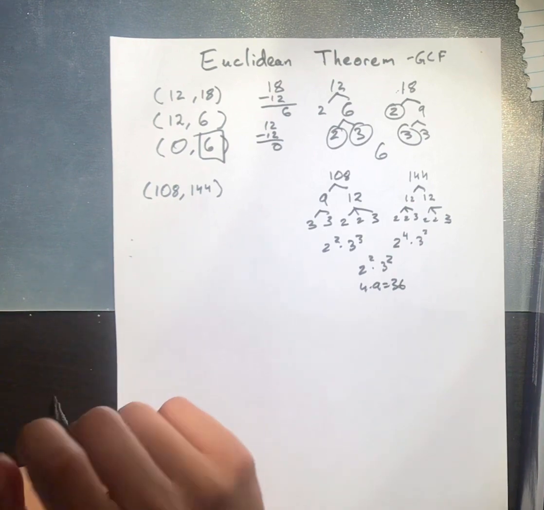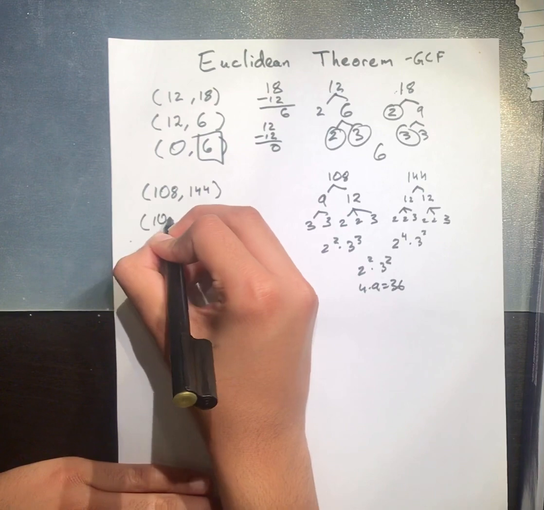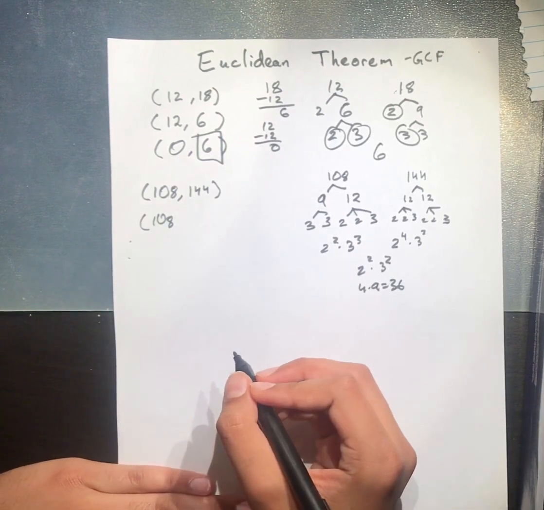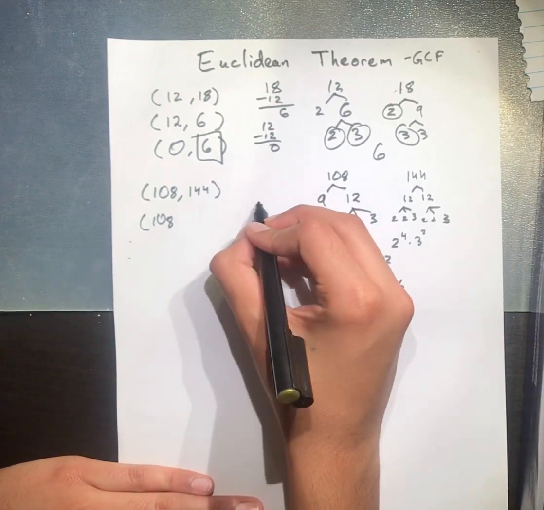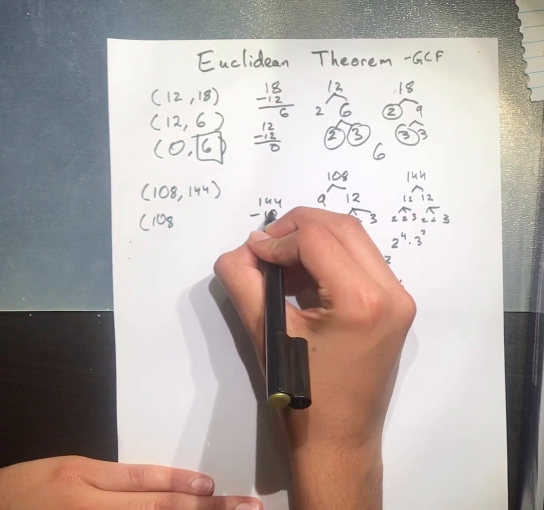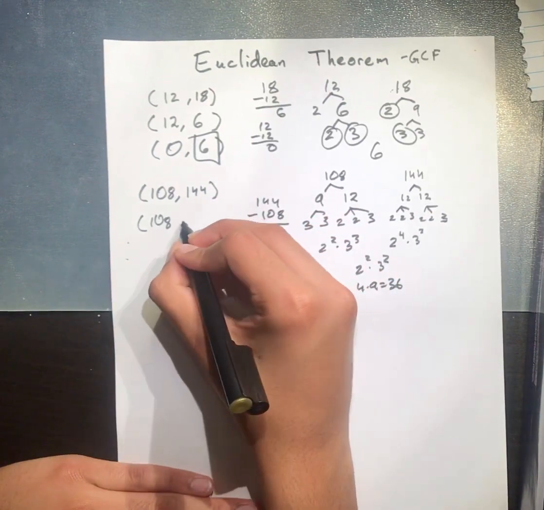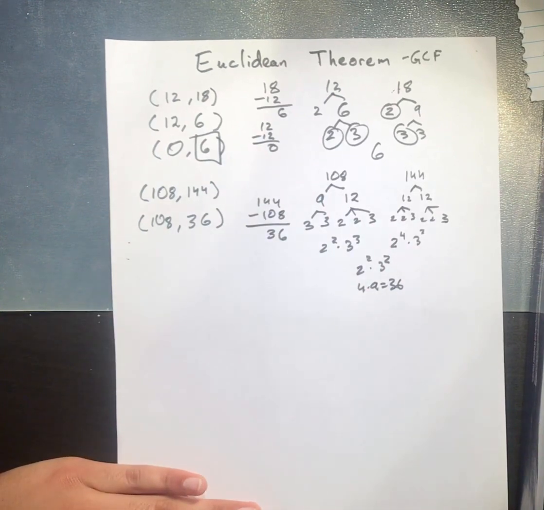We've figured that out from factoring, and now we're going to try to do it with the Euclidean theorem. So 108, and then how many times will it go into 144? It's fairly obvious that it'll go into 144 one time, and then you'll get 36 from that. Now how many times does 36 go into 108?